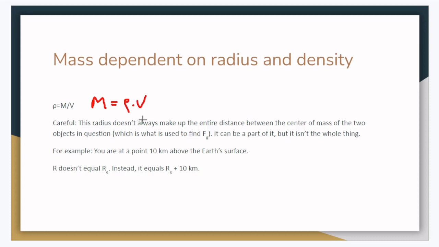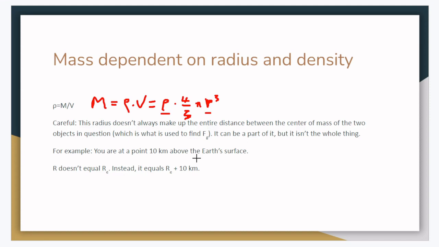The volume of a sphere is 4/3 pi r cubed, so we can equate this to density times 4/3 pi r cubed. In gravity problems, most objects will be spheres, so this is reasonable to assume. And so the mass will be dependent on this density and this radius.